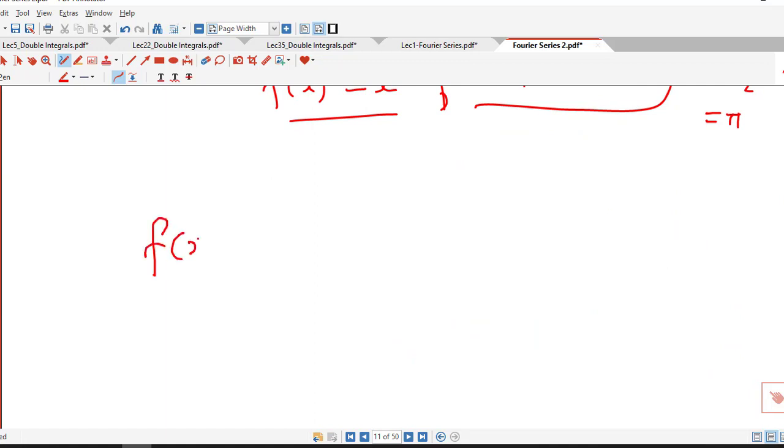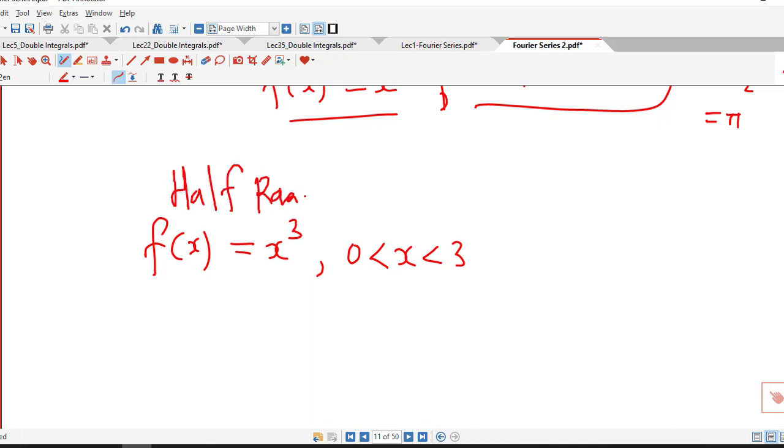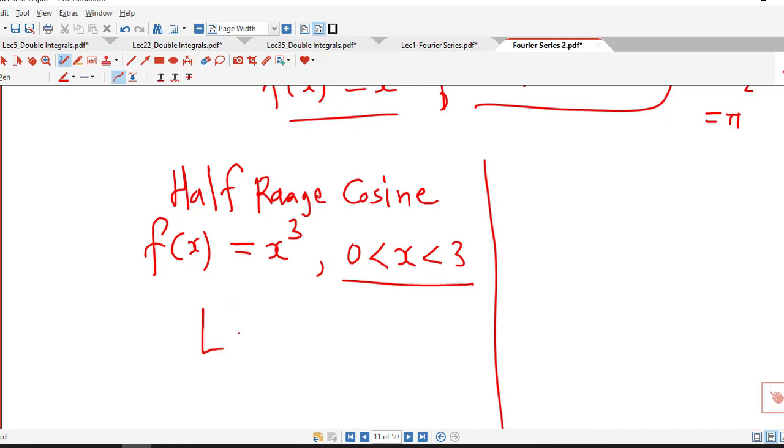Suppose we are asked to find out Fourier cosine series of fx equal to x cube on the interval 0 to 3. If we are asked to find out half range cosine series of this function fx equal to x cube on this interval, then we will consider L equal to 3.